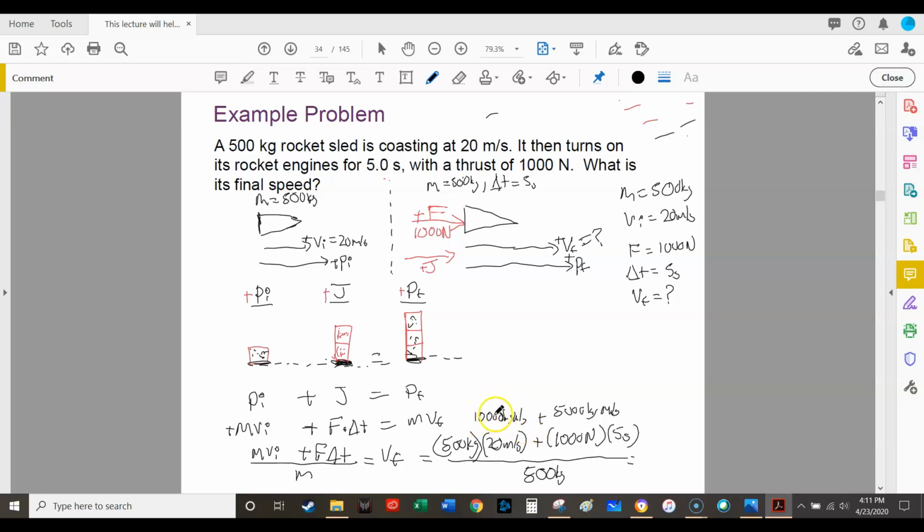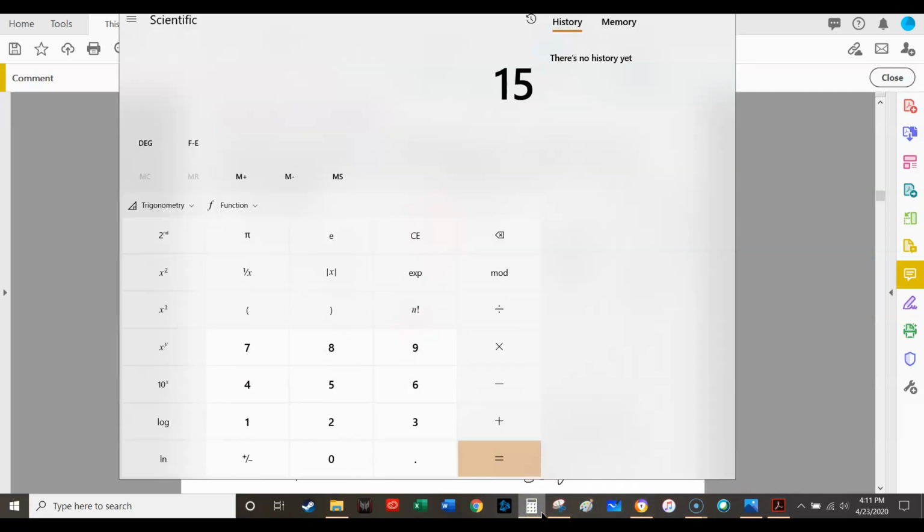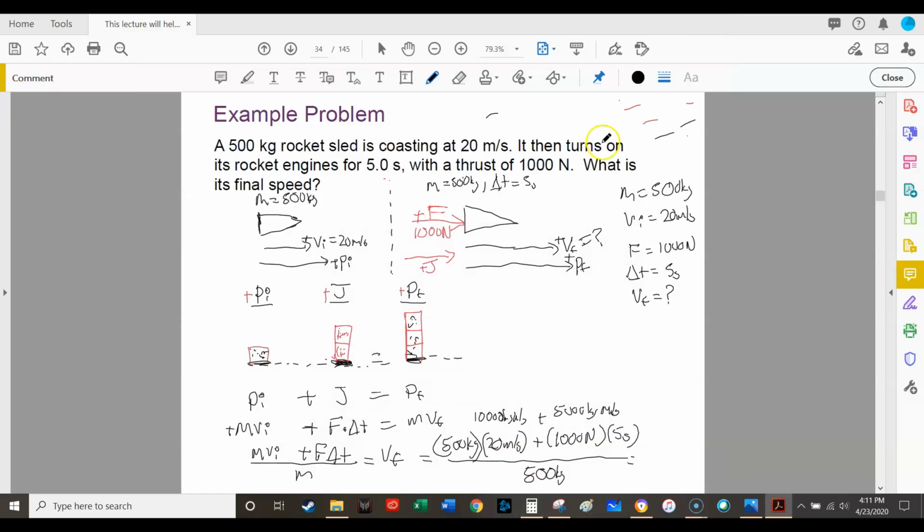Okay, so this is 10,000 kilogram meters per second plus 5,000 kilogram meters per second divided by 500. So 15,000 divided by 500. Okay? So let's do that. 15,000 divided by 500. So 30. So that'll be 30 meters per second.